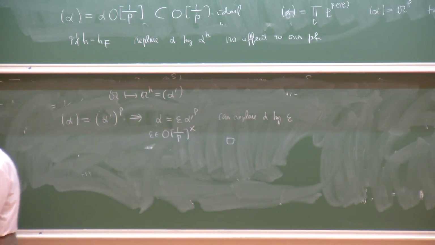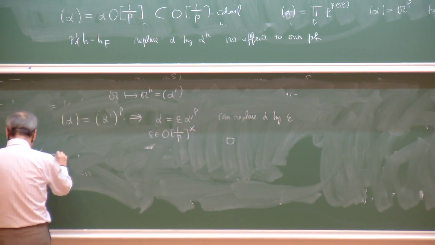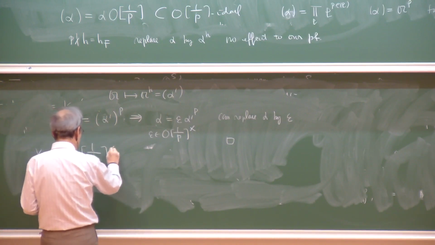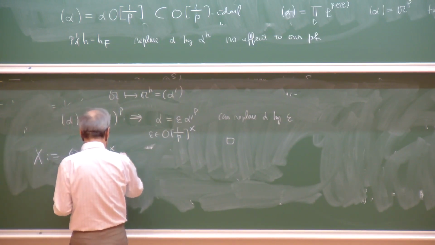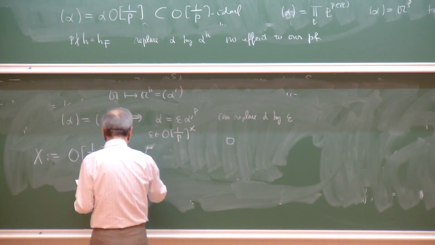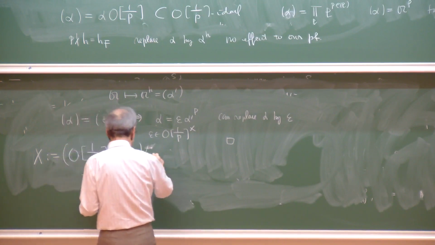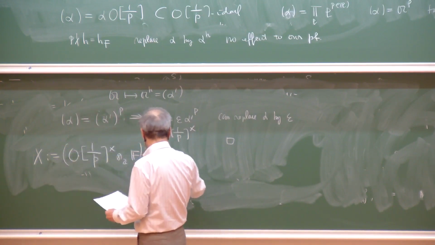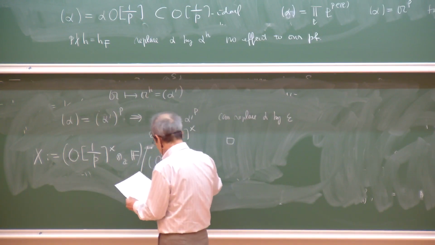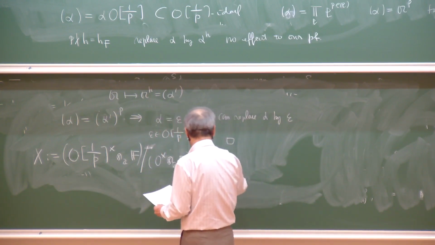So second step, I need to show this at p. Okay. So I just put X to be O[1/p] cross tensor Z F over O cross, this is the defect, F, and this is therefore isomorphic.